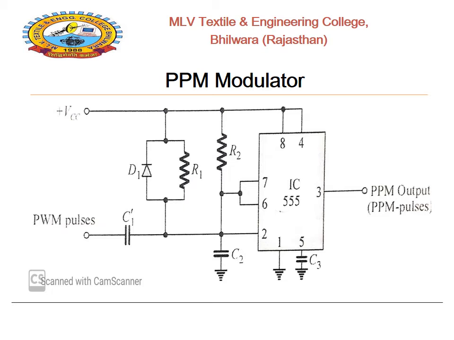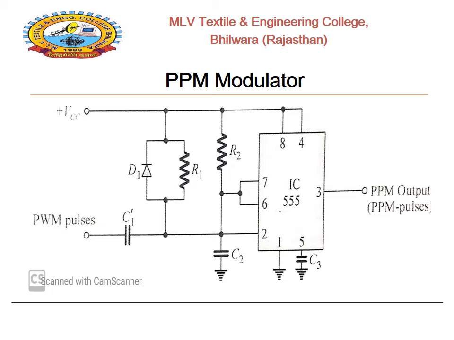It is working as a differentiator, where C1 is in series form and R1 in parallel form. So that arrangement is working as a differentiator. So the PWM pulses are going to the differentiator.